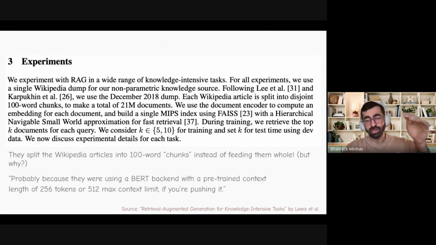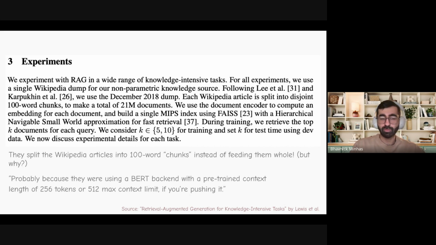And then they used FAISS with HNSW, which is a way to make an index and retrieve, essentially. And the thing they trained in this was the BERT encoder, the embeddings.